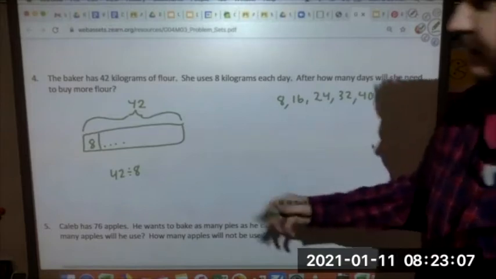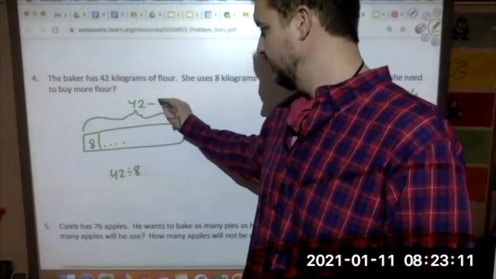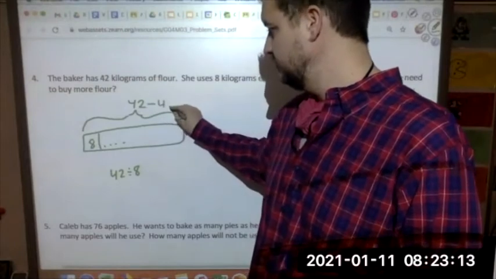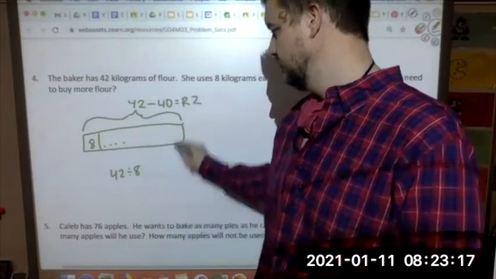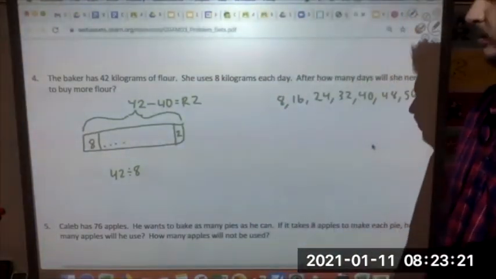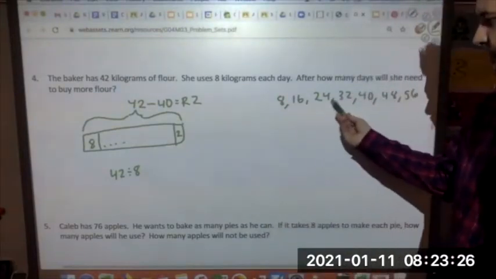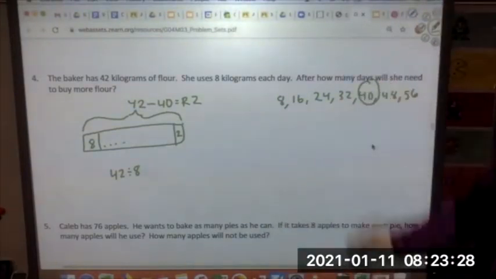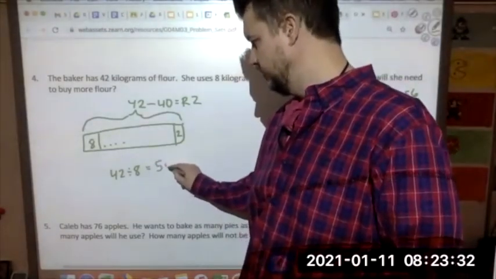So 40 from 42, there's a remainder of 2. What times 8 gave me 40? 1, 2, 3, 4, 5. So 42 divided by 8 is 5 with a remainder of 2.